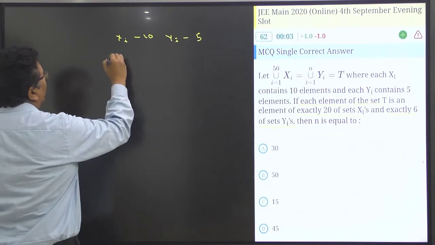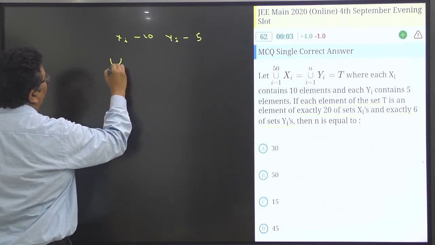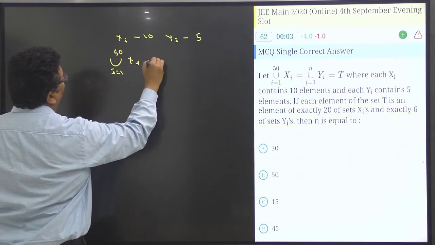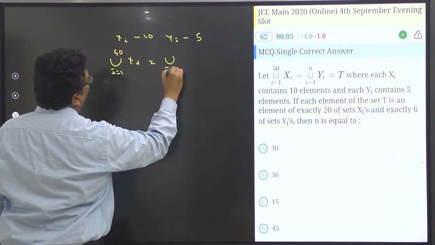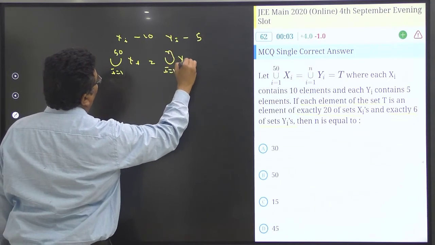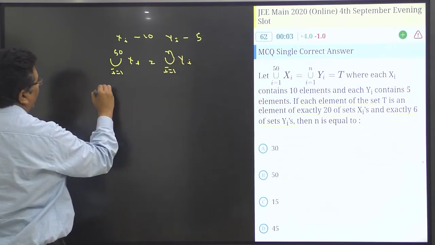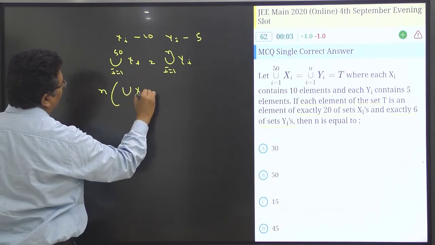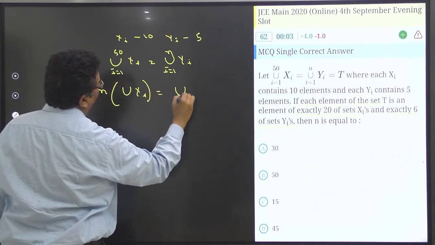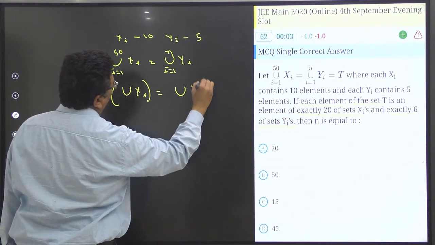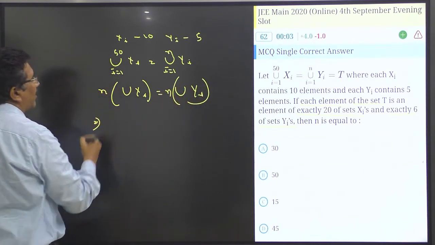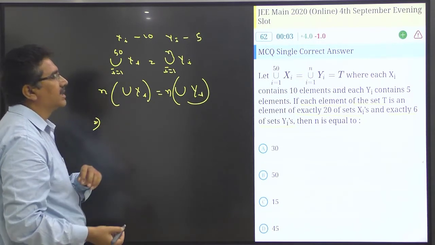Given that the union of Xi for i from 1 to 50 is equal to the union of Yi for i from 1 to n, the number of elements of the union of Xi is equal to the number of elements of the union of Yi.